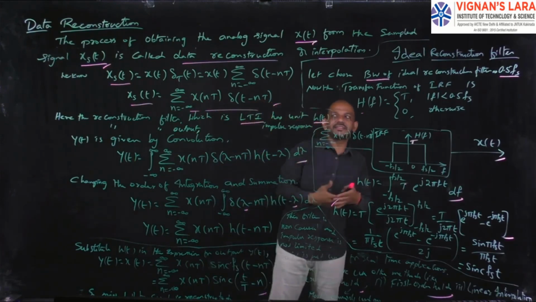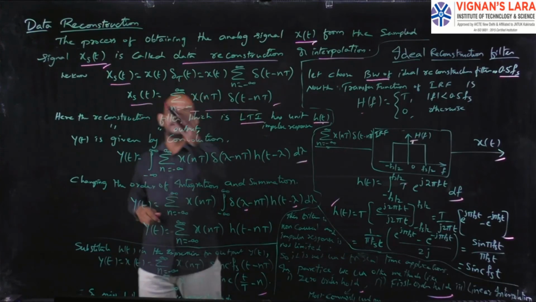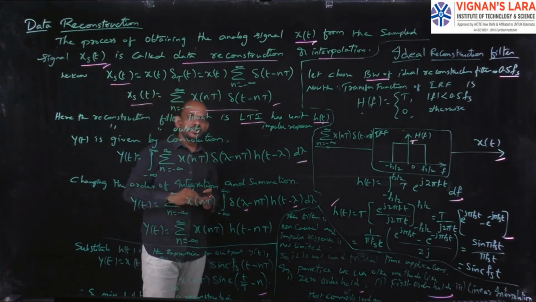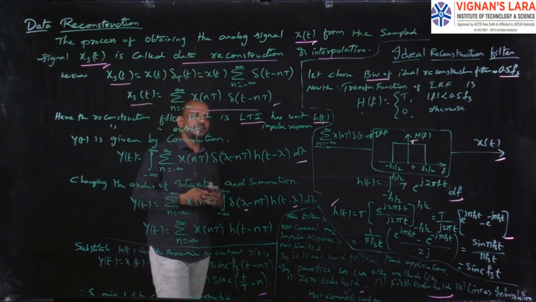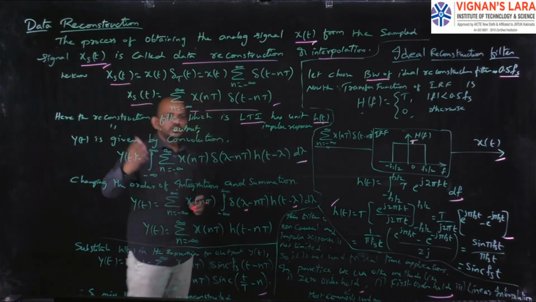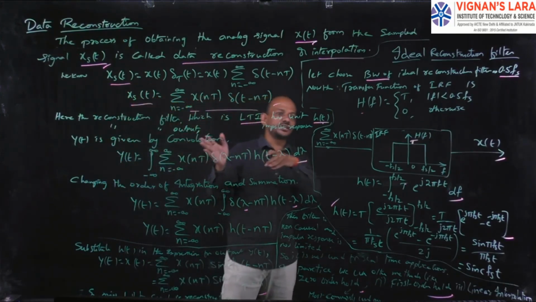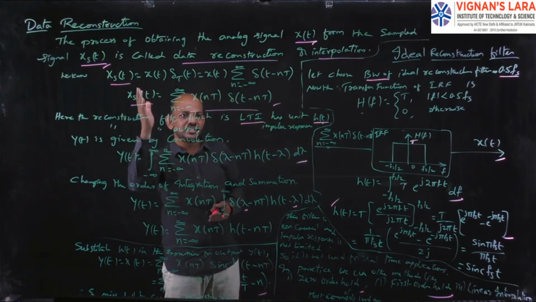By multiplying the message signal with an impulse train. After that I use the reconstruction filter with unit impulse response h of t. We know the output will be the input of the filter, which is the sample signal, convolved with the impulse response.